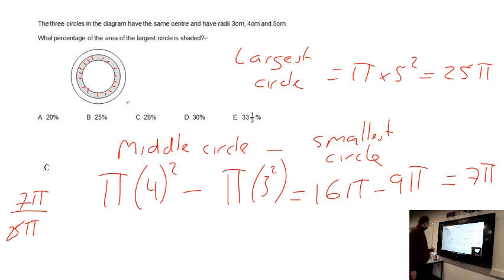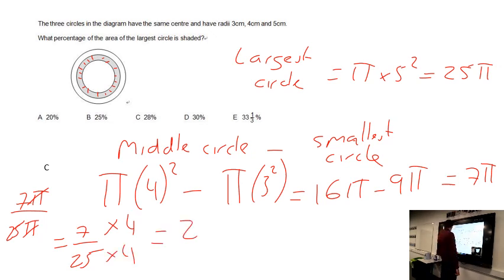So we can cancel pi from numerator and denominator, and we're left with 7 over 25. Then we can multiply the numerator by 4 and the denominator by 4. So that's going to be 28 over 100. Here we can see that as a percentage this is 28%.